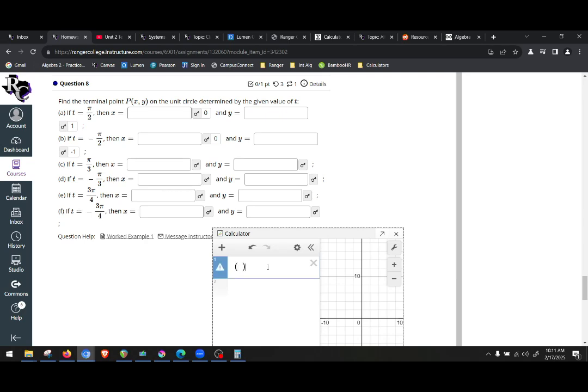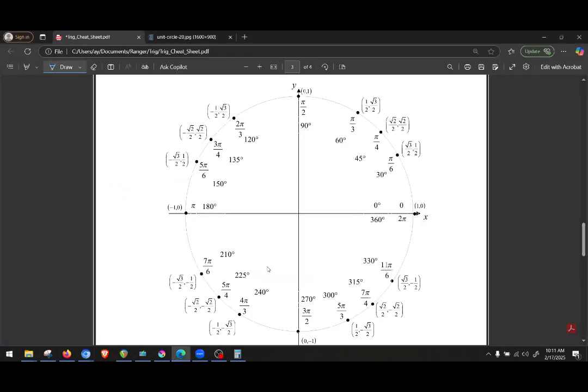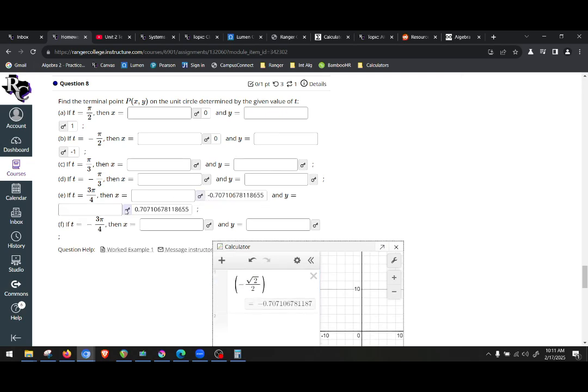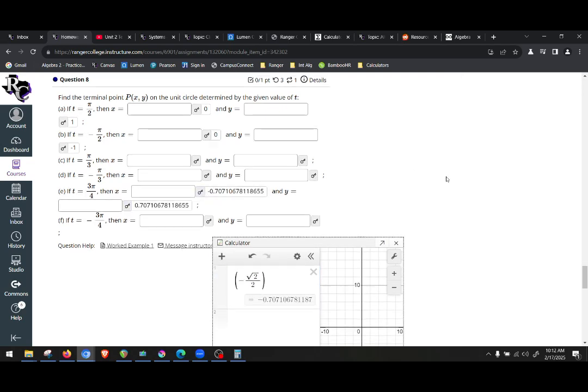Our x coordinate was negative root 2 over 2. And our y value was the positive of that. So that's how you do number 8.